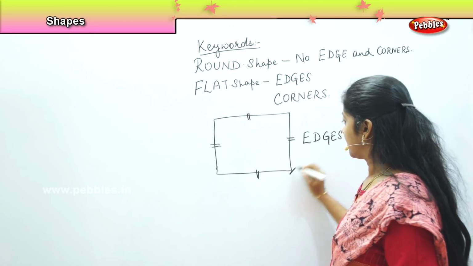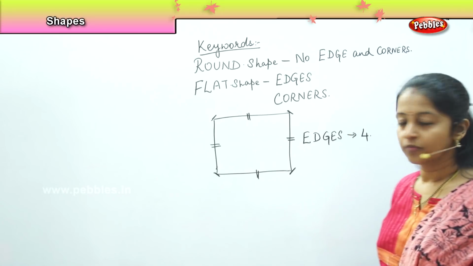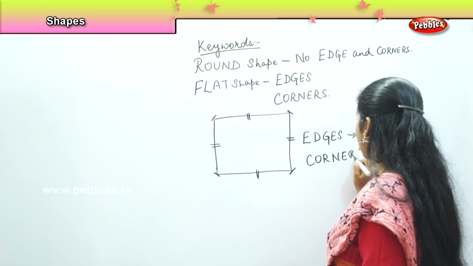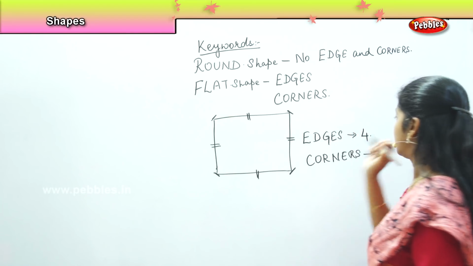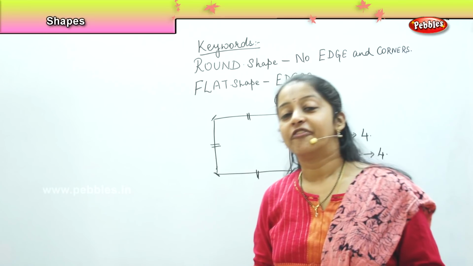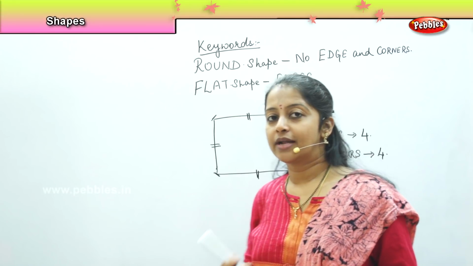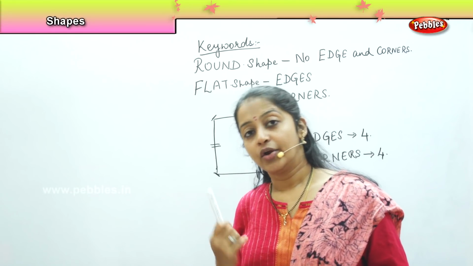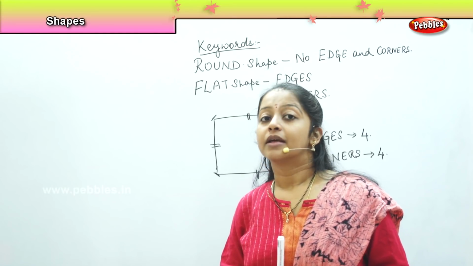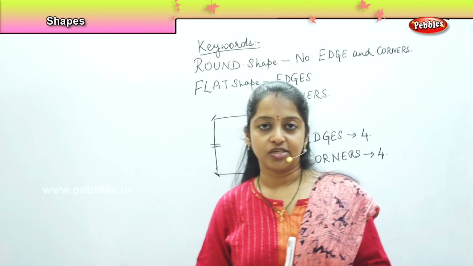And these end tips are my corners. So, how many corners does this square have? Again, it has 4 corners. So, as I said earlier, a flat shape has got edges and corners. And what are the different flat shapes? It is my triangle, square, rectangle, right? And the round shape has got no corners and no edges.